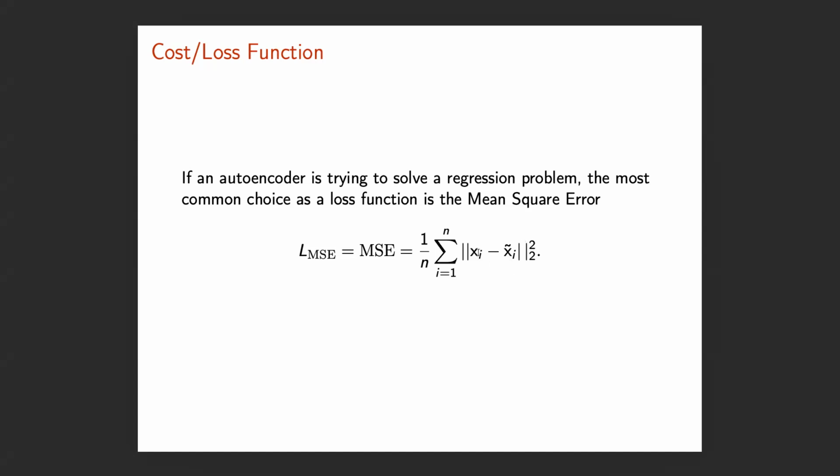The difference between these two is going to represent what we call the reconstruction error. So obviously we want the difference between these two quantities to be as small as possible. And this is the function we will be optimizing.